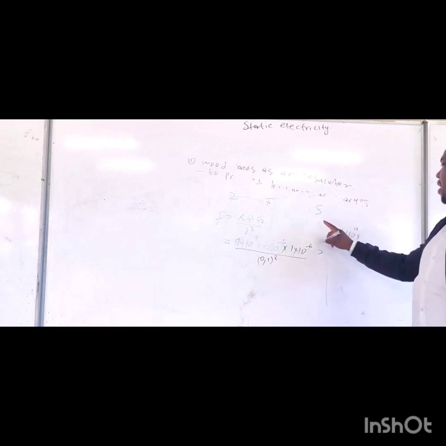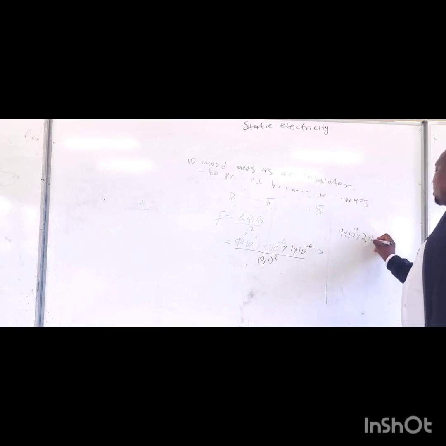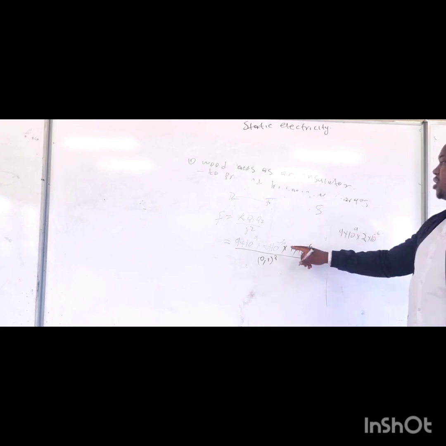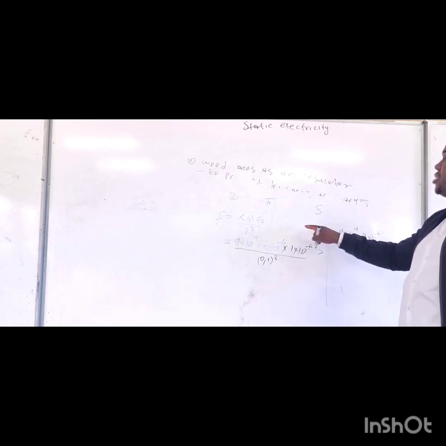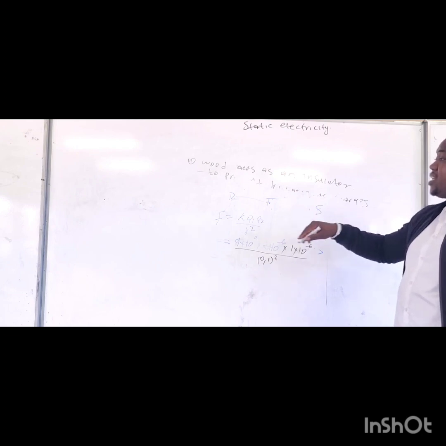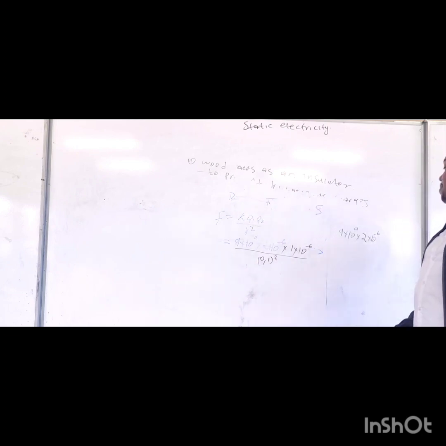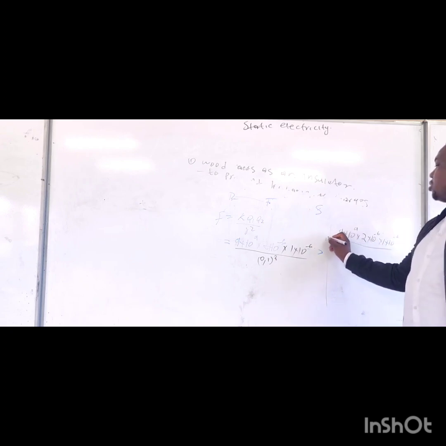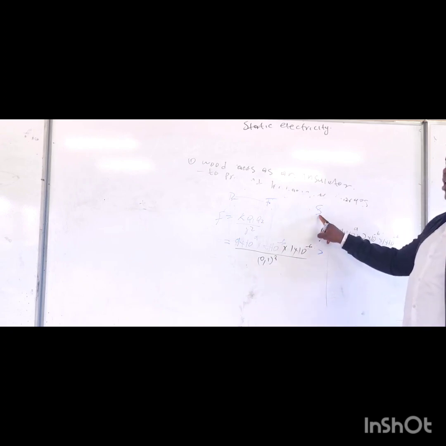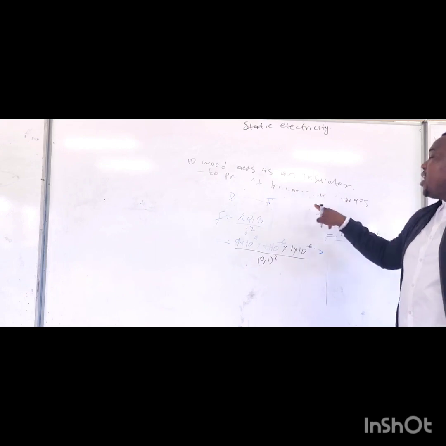Then we multiply by the charge on S. Charge on S is still 2 multiplied by 10 to the power minus 6. Remember they were made to attach and separate, which means R and S have the same charge. Then charge of T is 1 multiplied by 10 to the power minus 6, right?